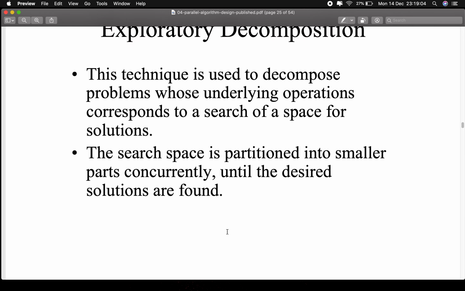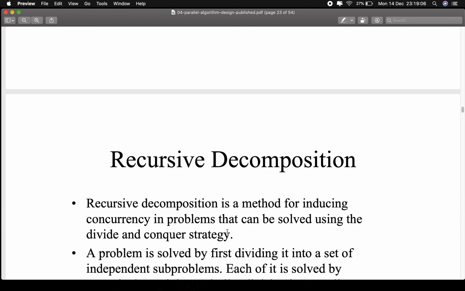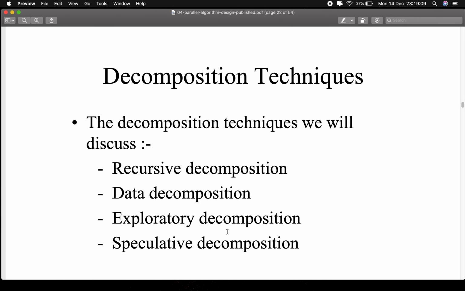So you have already touched on four techniques under decomposition.